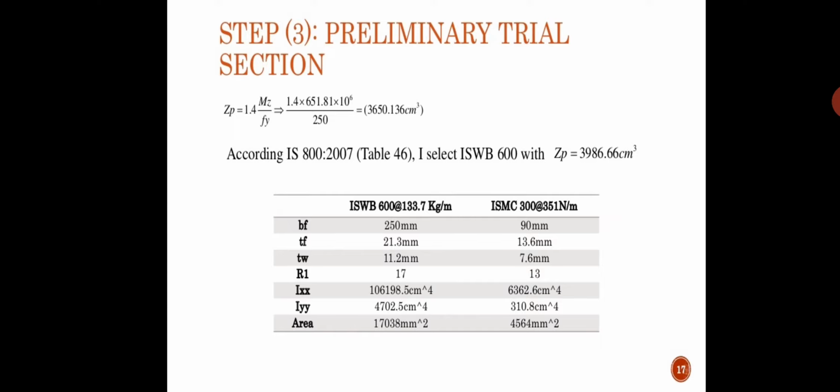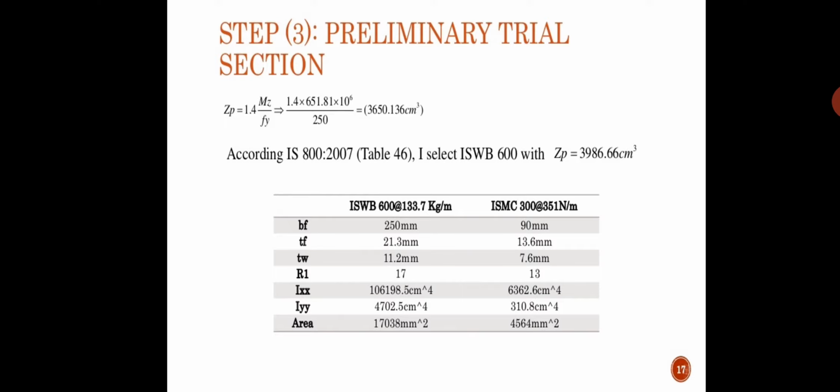Our third step, the preliminary trial section, is about ZP. So first we calculate ZP as 1.5 MZ upon FY. So we already calculated the moment in Z direction, converted into 1.5 divided by FY. So finally we got 3650.136 centimeter cube.